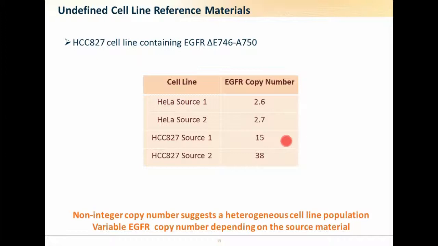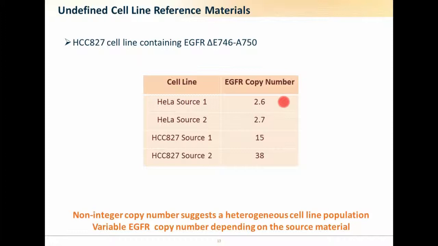What was also interesting was that the HeLa they gave us had a copy number of 2.6, and a second HeLa from source 2 was 2.7. This is indicative of a heterogeneous population, where a number of HeLa cells have a copy number of 2 across EGFR, and a number of more cells have a copy number of 3 across the EGFR locus.